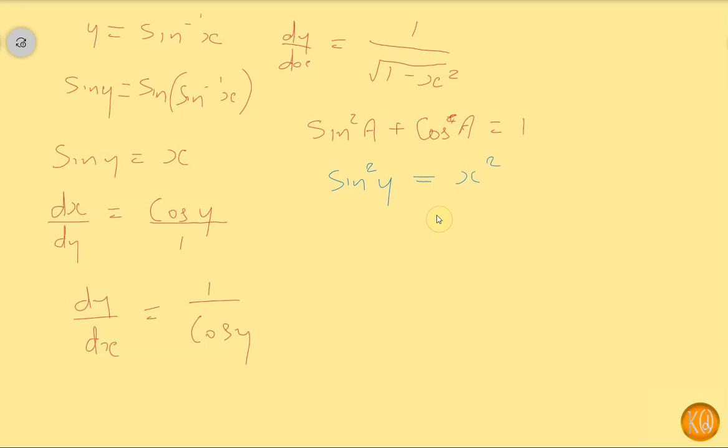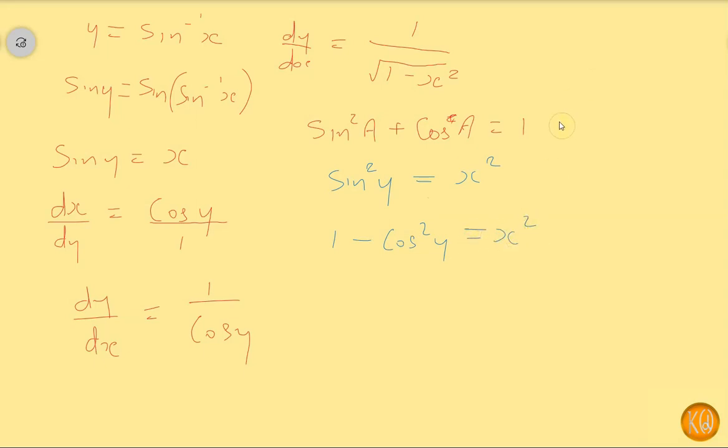Now based on that, we can say that, okay, then if we should look at this formula, we can say that sine squared y is equal to 1 minus cos squared y, and that is equal to x squared.